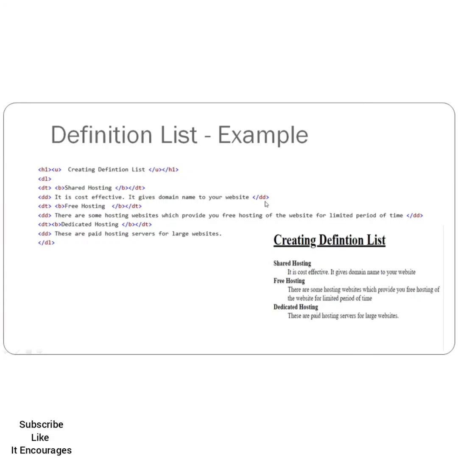As we can see here, whatever it is, cost effective and it gives domain name, has been enclosed within the opening of the DD, and the entire sentence is ended with the closing of the DD tag.